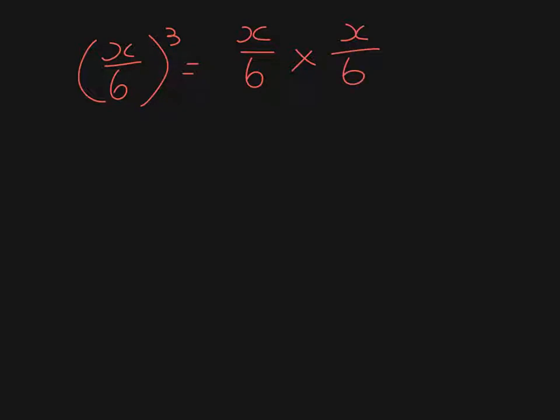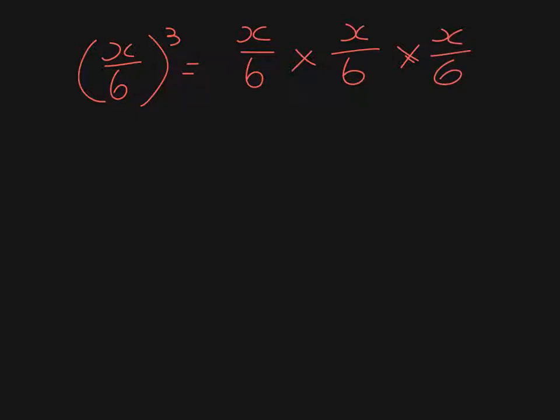Okay, let's look at one more. So we have brackets x over 6, close brackets to the power of 3. So all it's saying is x divided by 6 times x divided by 6, times x divided by 6.